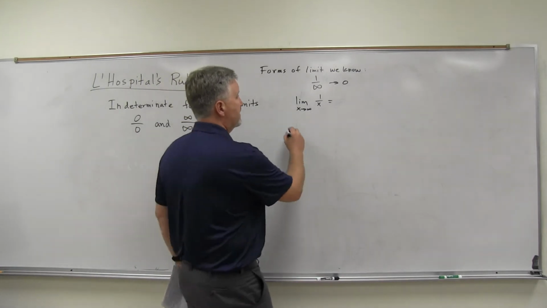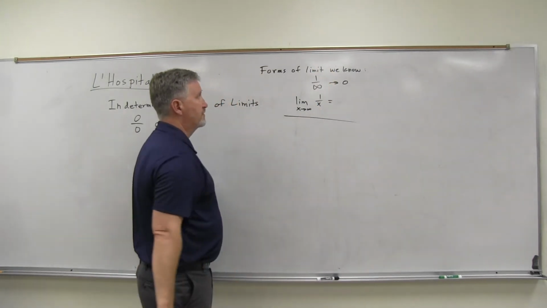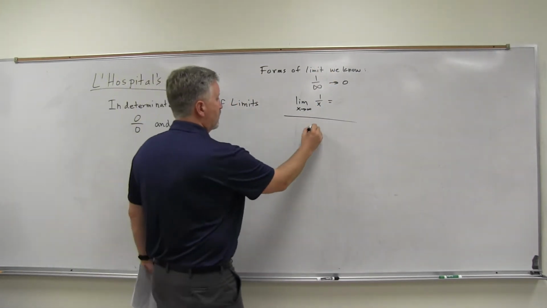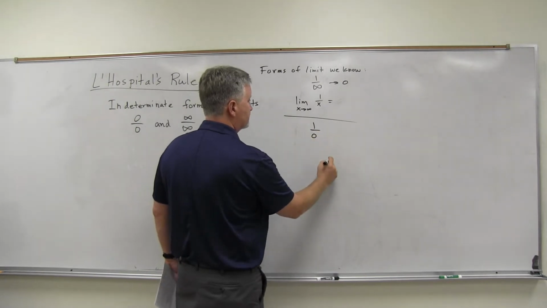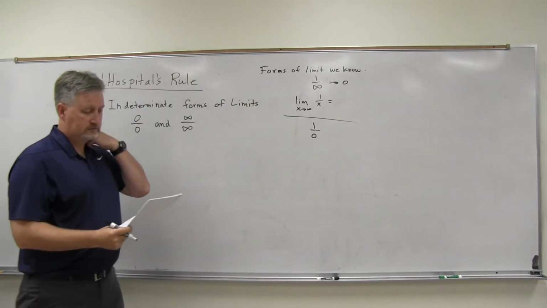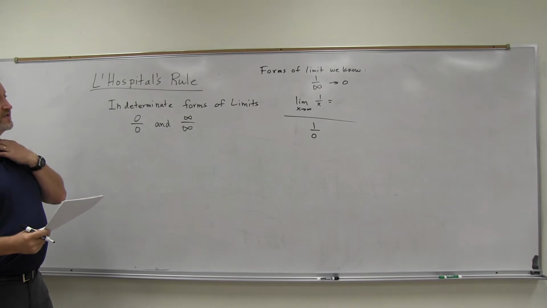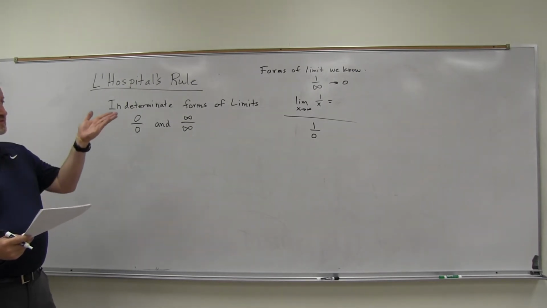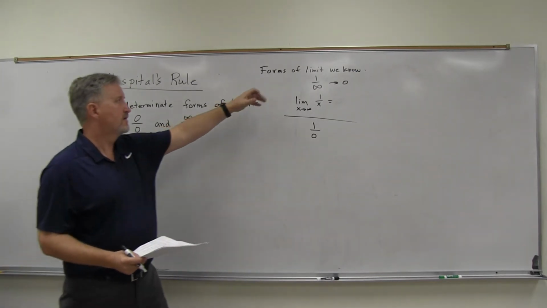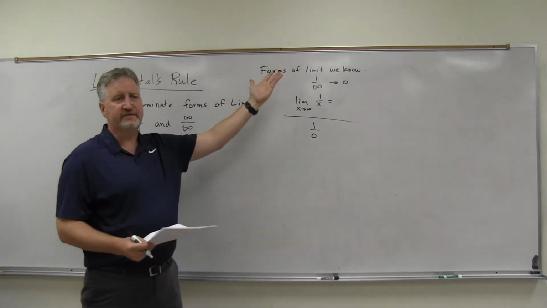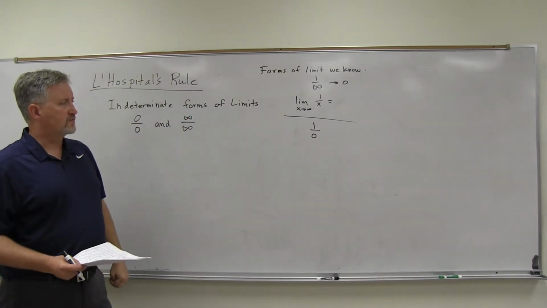But there are some other forms of limit that we know. 1 over 0. If we've got a limit that goes to 1 over 0, or, I'm using 1 here, but it could be any constant, 1 over 0.